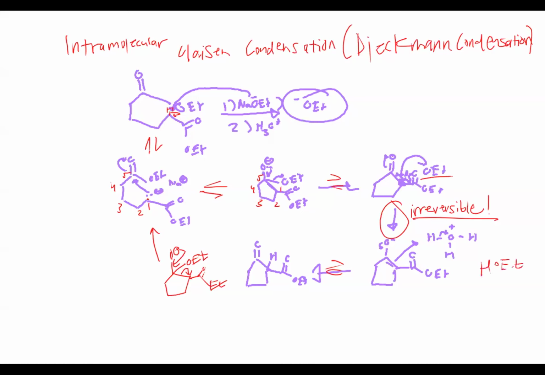Yeah, that's right. Because this is now stable, right? Before this was very unstable, very reactive, very unhappy. But once it gets to this form, it's stabilized and happy now. It doesn't want to go back to here. So that's why it's irreversible. Oh God, there's so much to learn.